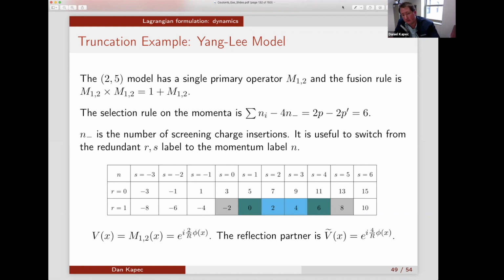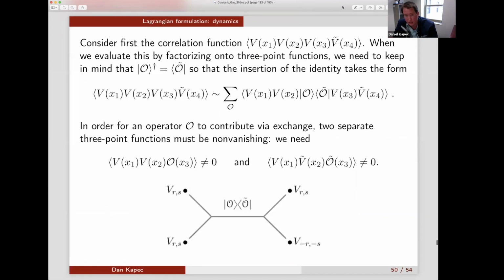So the primary operator that we're interested in is V, which is just e to the 2 over r phi. And we'd like to see truncation of the OPE within this linear dilaton.